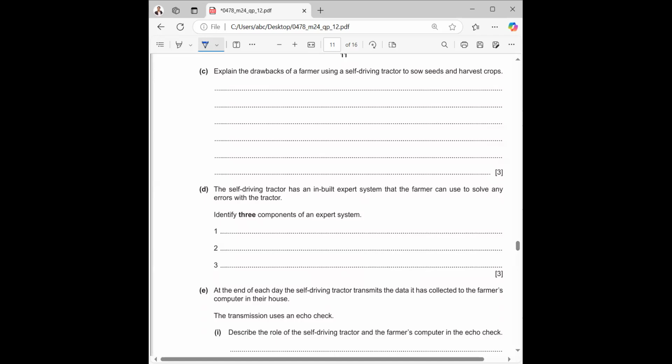Then you have the C part: explain the drawbacks of a farmer using a self-driving tractor to sow seeds and harvest crops. You need to write 3 points.